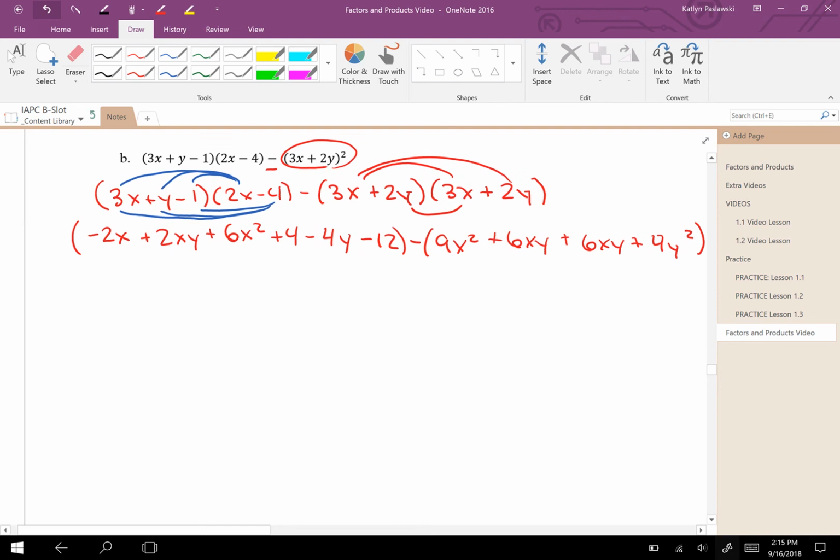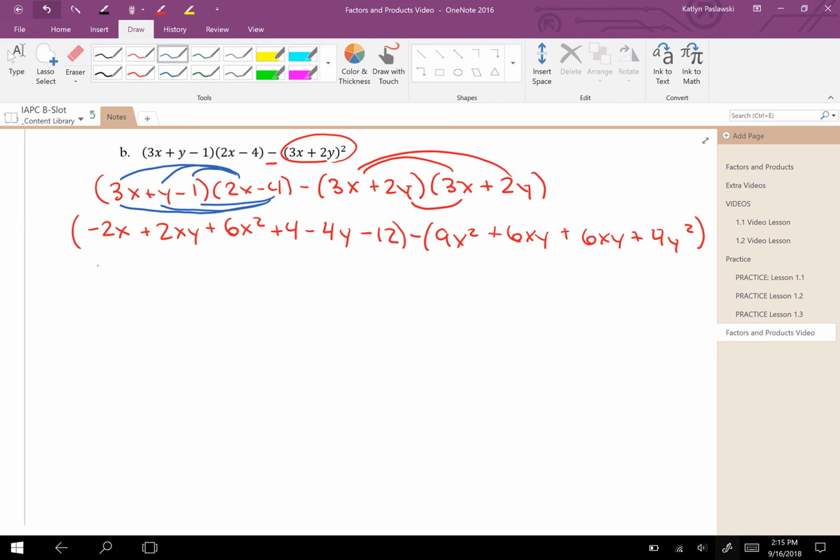In each set, I'm going to combine within the brackets. So I would have in the first bracket, I'm also writing in descending order, so I have 6x squared plus 2xy minus 14x minus 4y plus 4.